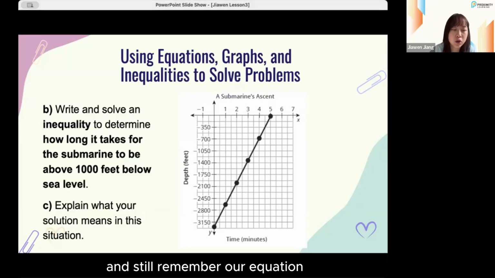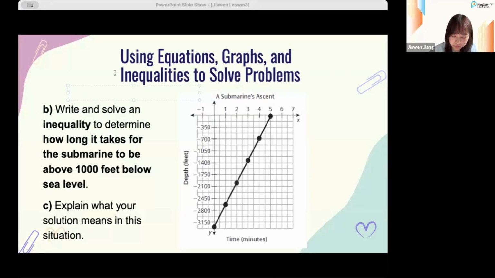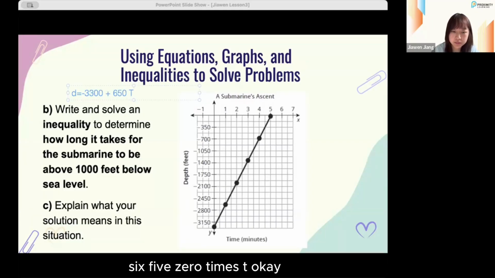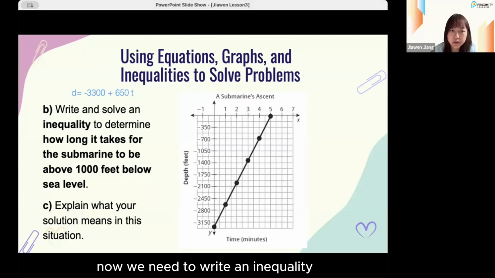And still remember our equation. I'm gonna write it down here. So D equals minus 3,300 plus 650 times T. Okay, so this is our equation, and right now we need to write an inequality.